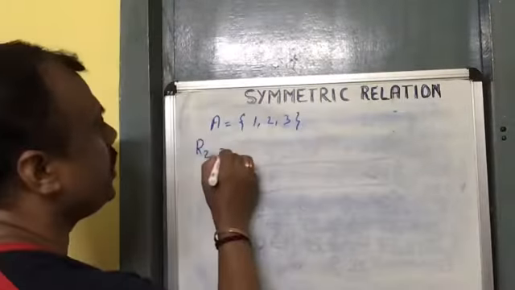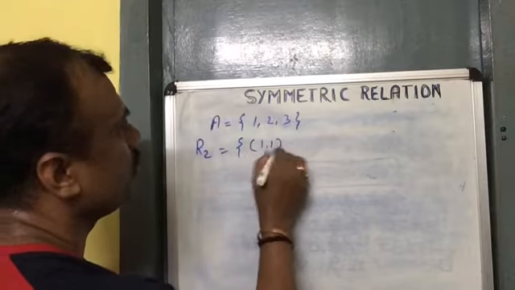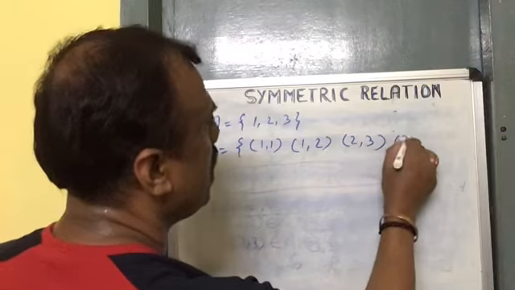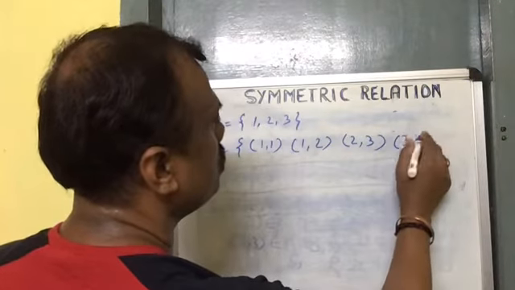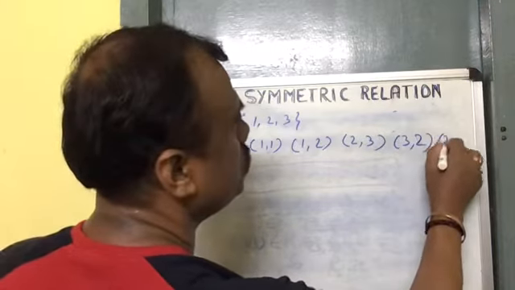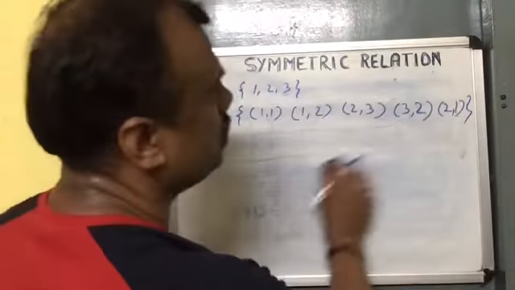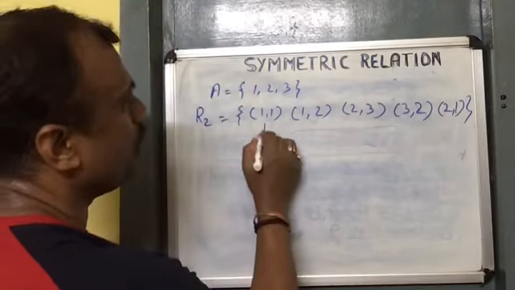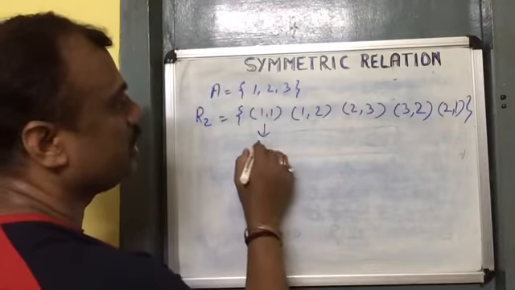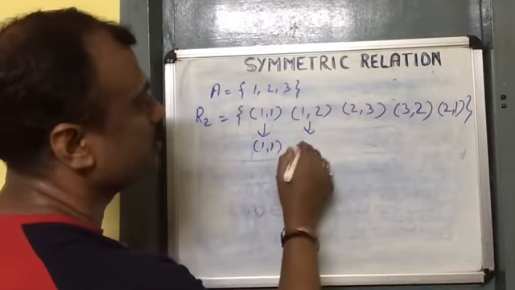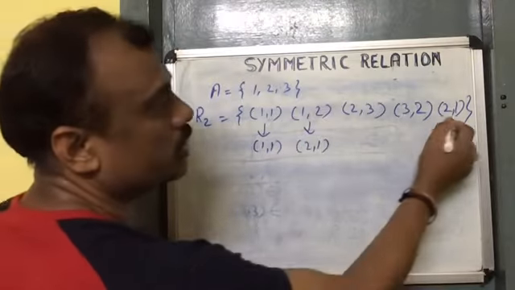Another relation R2 has (1, 1), (2, 3), (3, 2) and (2, 1). Let us check. You see (1, 1), the reverse of this is again (1, 1), so (1, 1) is there. Reverse of (1, 2) is (2, 1), so (2, 1) is here.